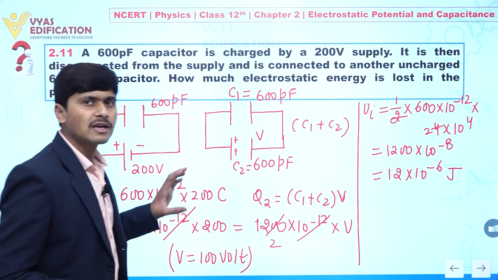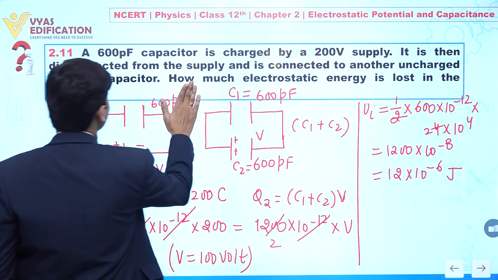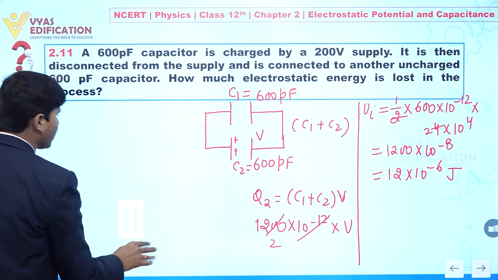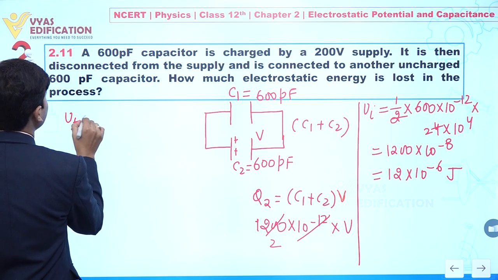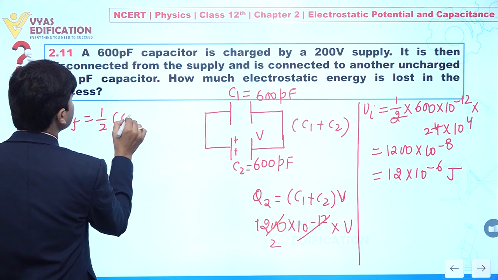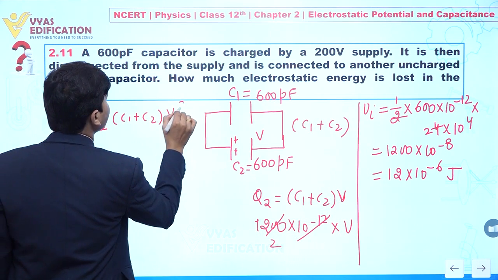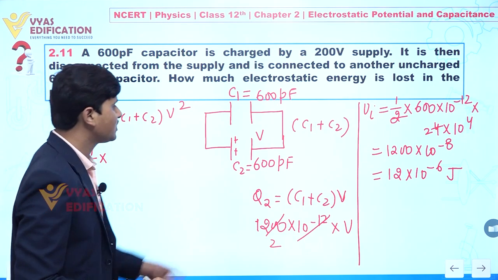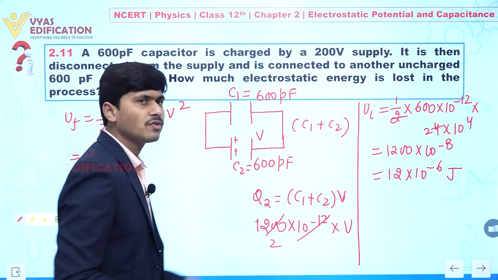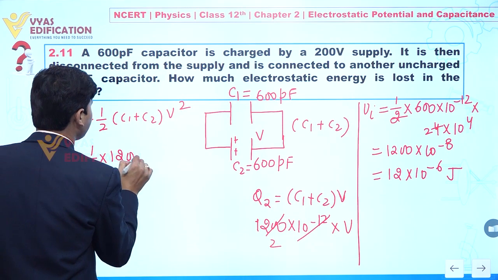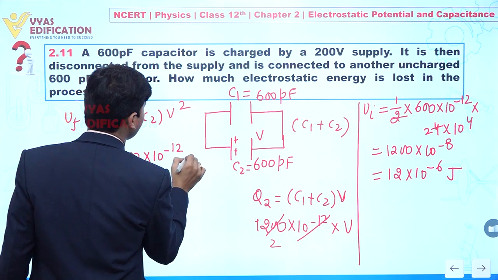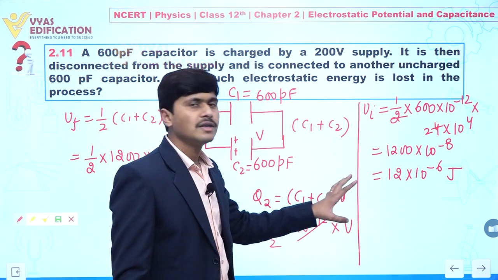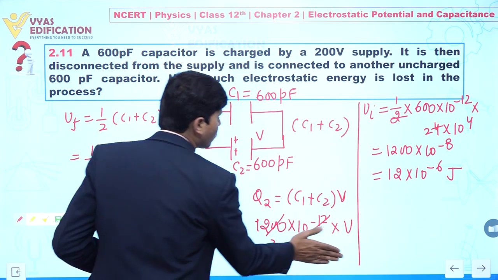Clear? Now we will calculate the final electrostatic energy. So the final electrostatic energy we can write as U final, which is 1 by 2 into (C1 plus C2) into V square. This is given to you, the equivalent we have is 1200 picofarad, which means 10 to the power minus 12, into the value of V. The value of V is 100, we have already calculated the common potential.